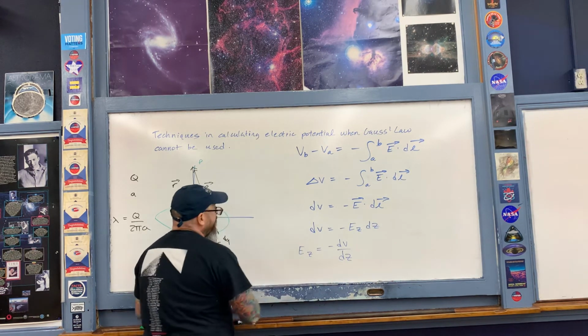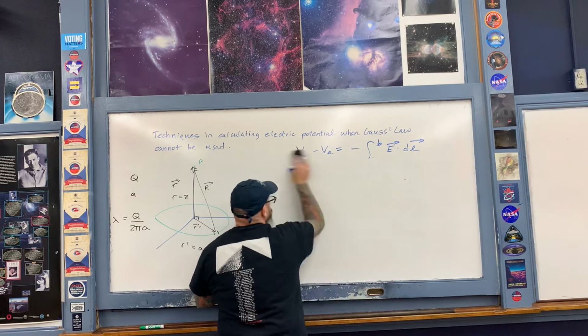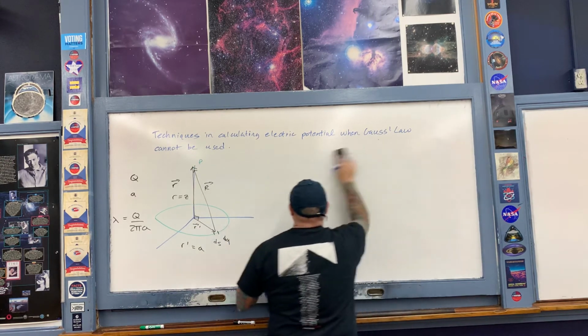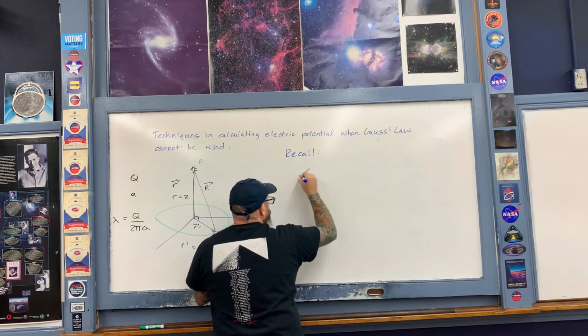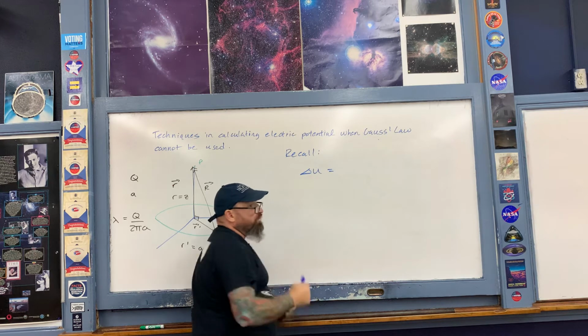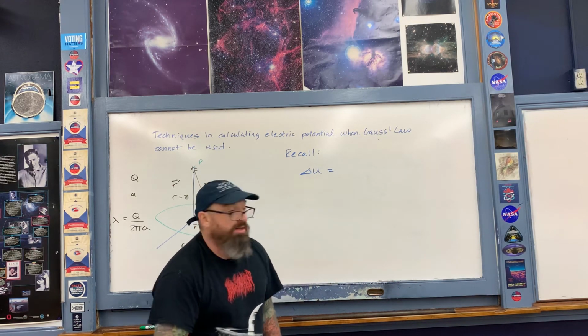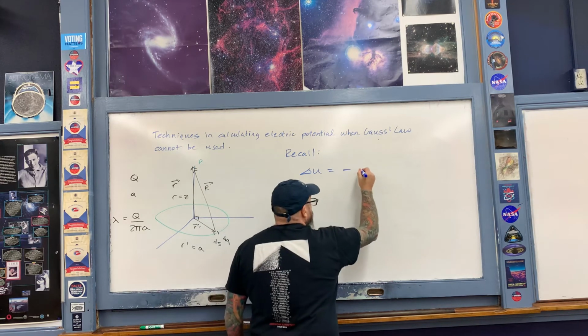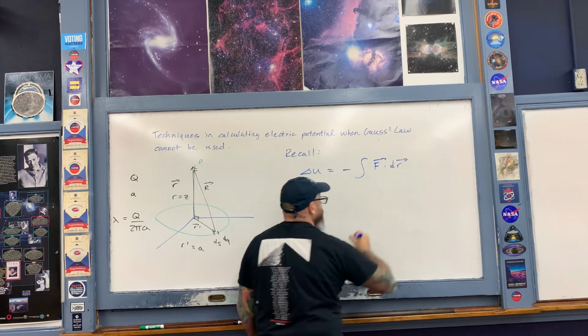So recall the following. Okay, change in potential energy is equal to the work done against the conservative force. That's equal to the negative of the work by the conservative force, like so.